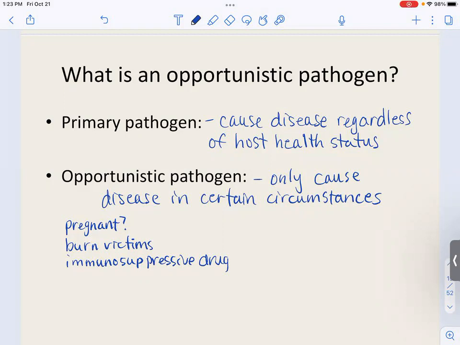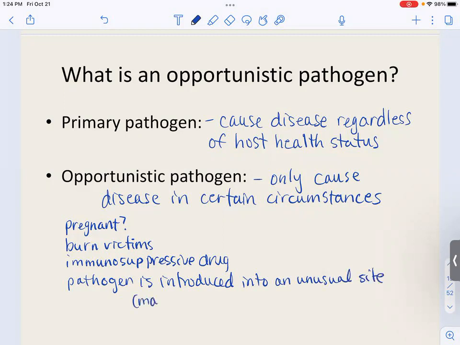And sometimes the pathogen is introduced into an unusual site. Okay, and it may be normal microbiota. So for instance, you've got lots of E. coli in your colon that's not causing you any harm.